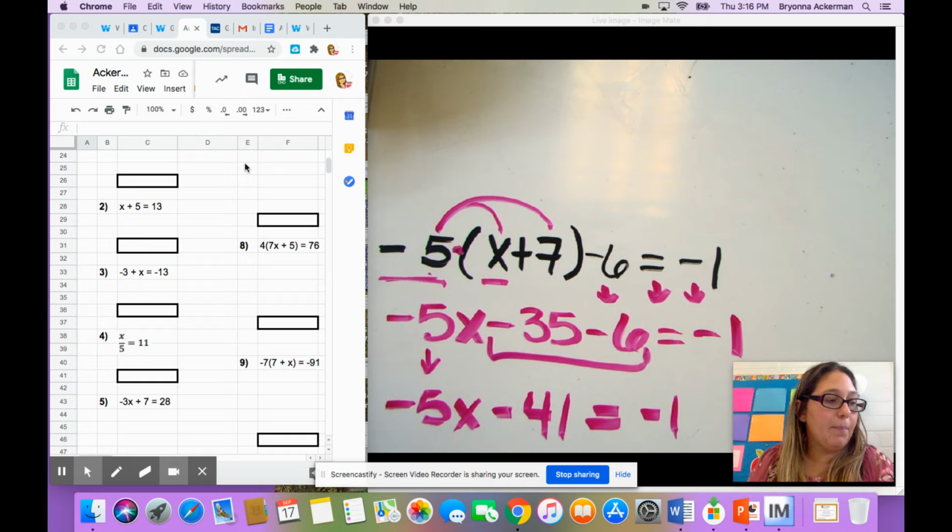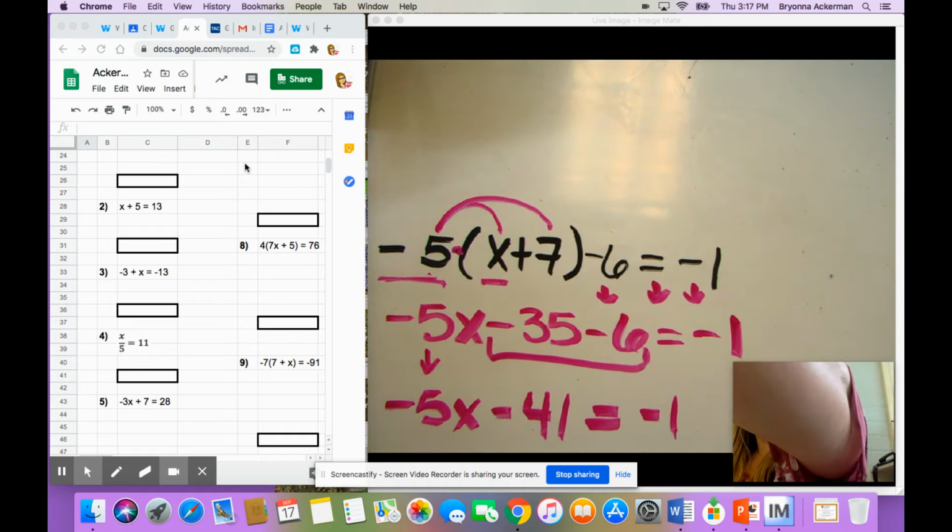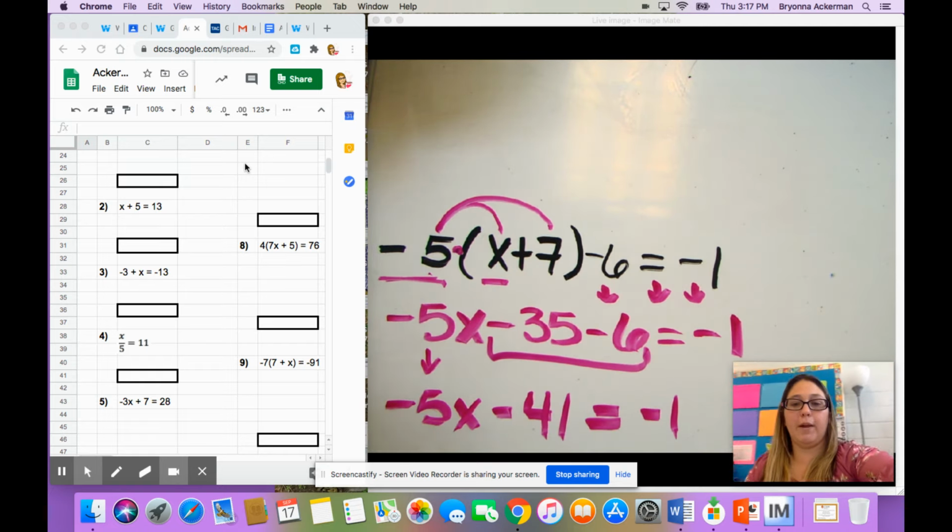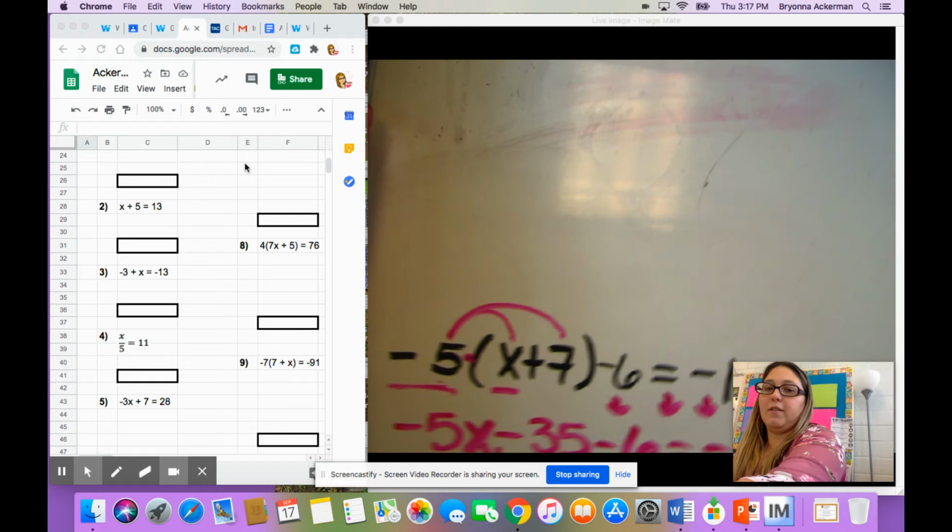Okay, my next step says, hey, are the variables all on the same side? Yes. X is on the left and there are no X's on the right. So we're good. So then now it's solving. We're ready to solve by doing inverse operations.